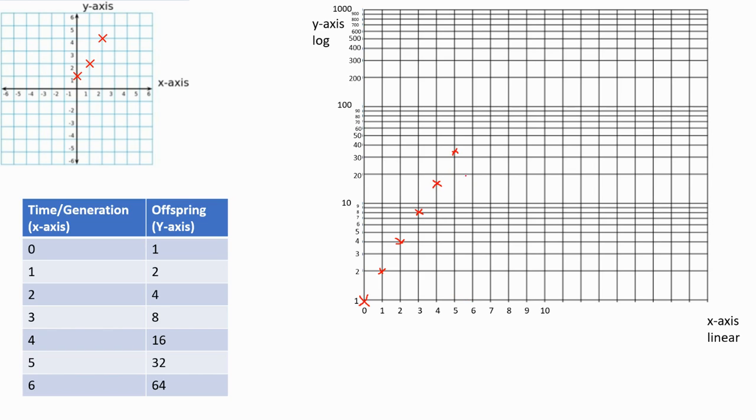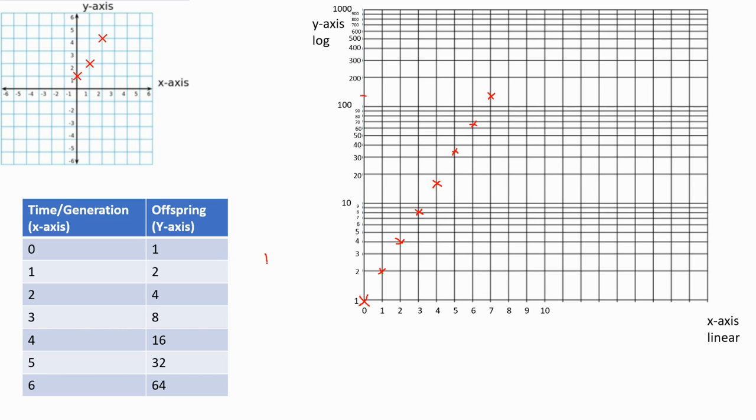And 6 is 64, which is going to be about there. And we don't actually have to stop at 64, right? We can go to 128. So 120 is going to be about maybe thereabouts.